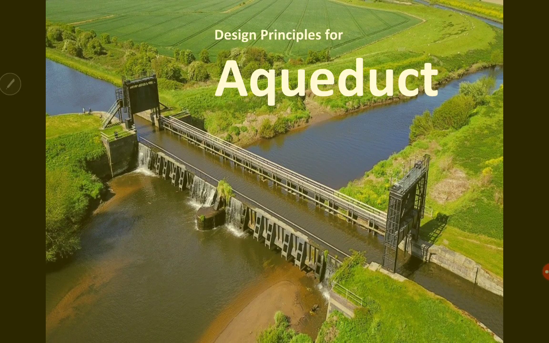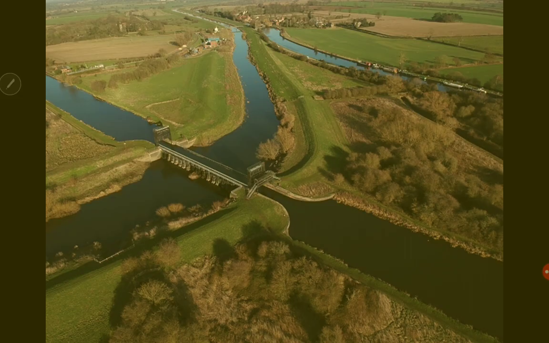Now move to the design procedure or design principles of the aqueduct. Here you can see an aqueduct. Let us try to identify the various components that we may have to design for this aqueduct. You have the river, you have the canal, and now what are the different components that we may have to design?